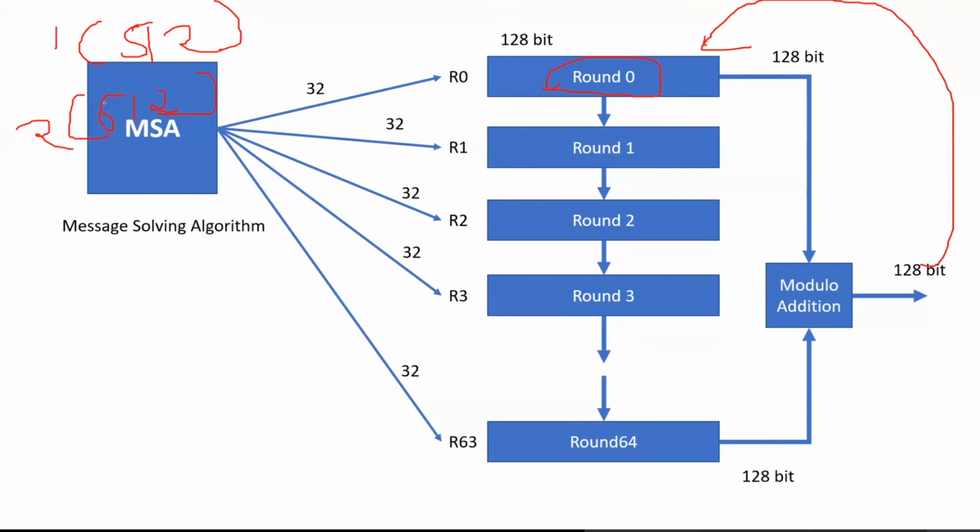The same is repeated for the third chunk of 512 bits, and so on, till I have exhausted all the 512 bit chunks. Then I finally get the output of 128 bits, and that is my hash value.